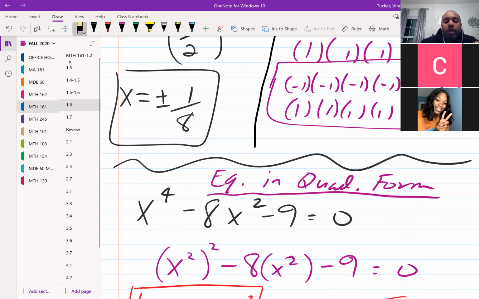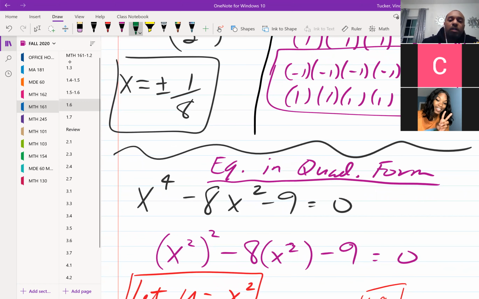And they say it's in quadratic form because when you look at this right here in comparison to your first term, this is that second term squared. And so that's what I wrote in this expression right here. Here we have x squared squared. X to the fourth is x squared squared. And then we have here x squared. So whenever you have that situation where you can rewrite the expression with those same terms, then this one is just being squared. That's considered an equation in quadratic form.